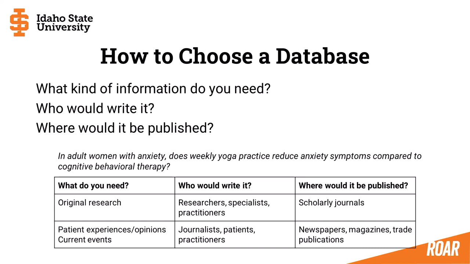If I wanted more things like practitioner experience or patient experience or maybe current events, then I would be looking at things written by journalists or patients, for example, and then I would probably want to find a database that would help me find newspapers, magazines, trade publications. That is how those decisions really influence the database I'm going to choose or the type of source I'm looking for.